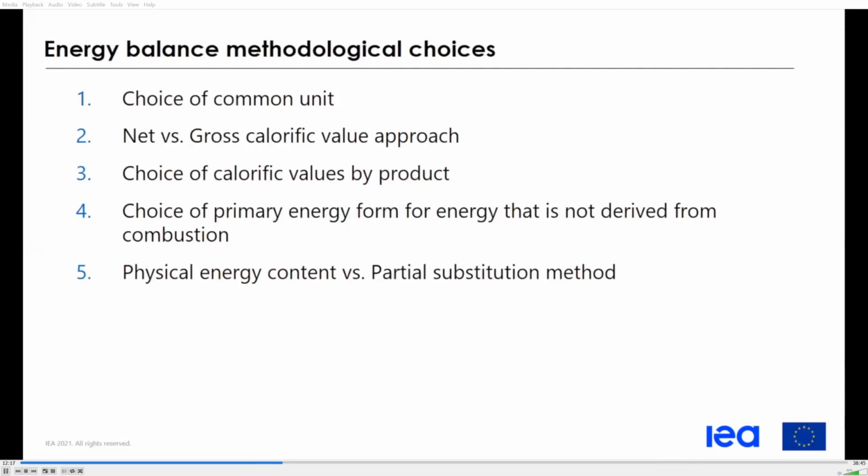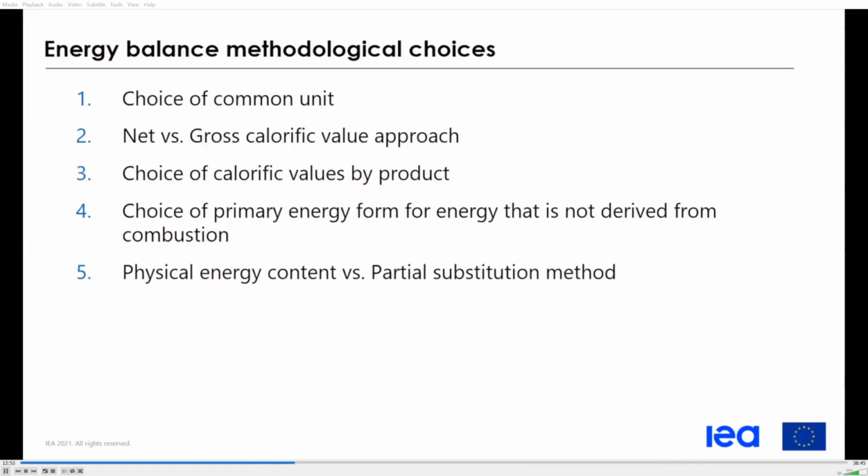The change from the original units to tons of oil equivalent implies choosing coefficients of equivalence between different forms and sources of energy. When constructing an energy balance, it is necessary to adopt conventions for primary energy from several sources, such as nuclear, geothermal, solar, hydro, wind, etc. For each of these sources, there is a need to define the form of primary energy to be considered.